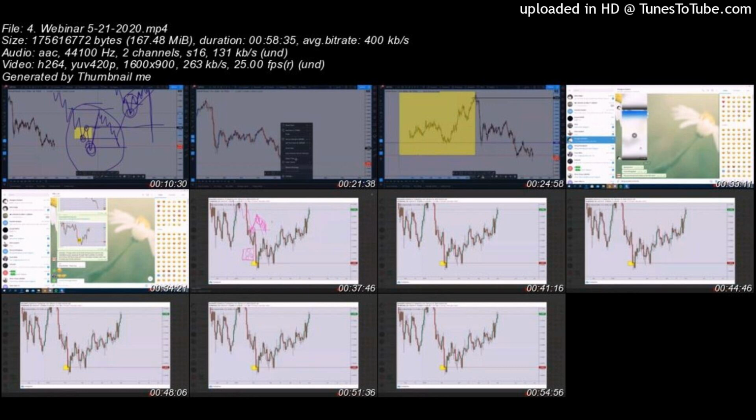So you could even have had a 5 or 10 pip stop loss, and then you could have just held the trade all the way up, because we know that after breaking this structure, we are now targeting the highs of where the trend started.